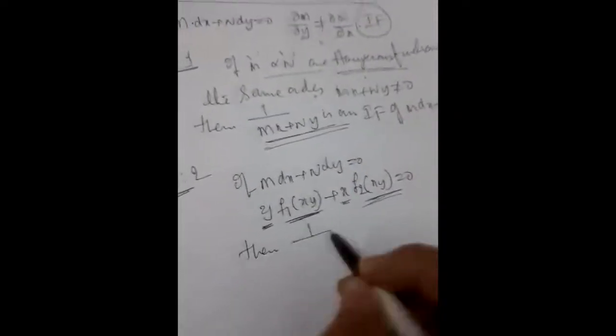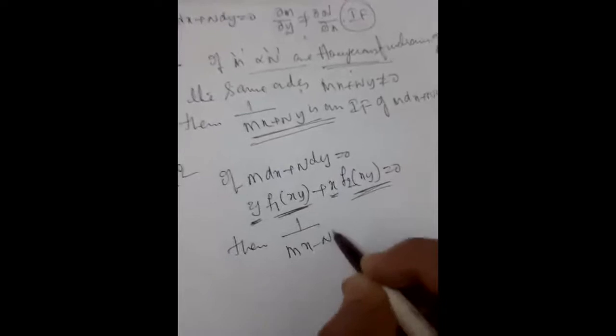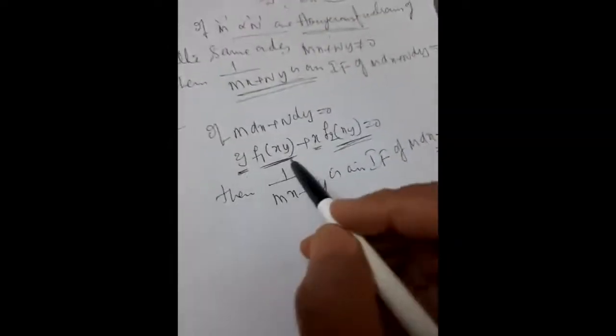Then we can say that 1 by Mx minus Ny is an integrating factor of M dx plus N dy equal to 0. So y into f1 of xy, x into f2 of xy, then the integrating factor is 1 by Mx minus Ny.